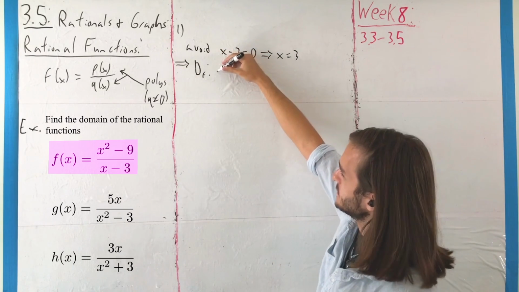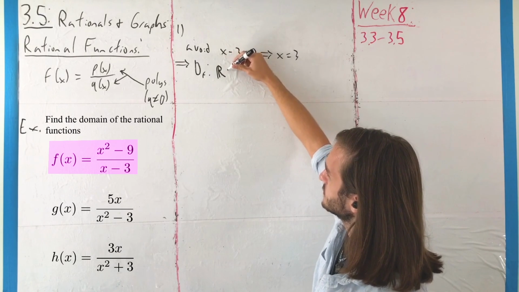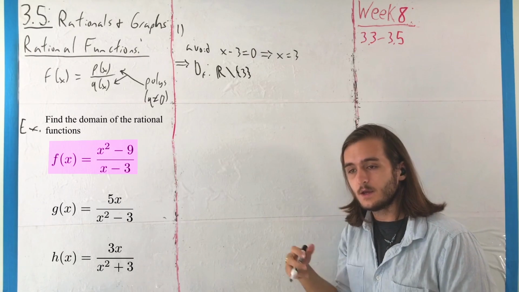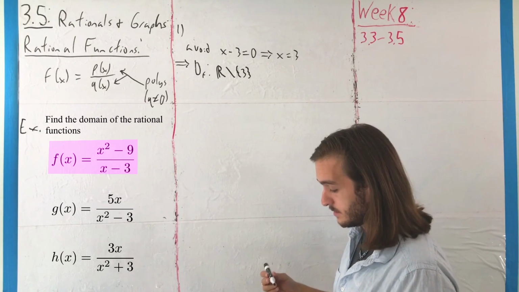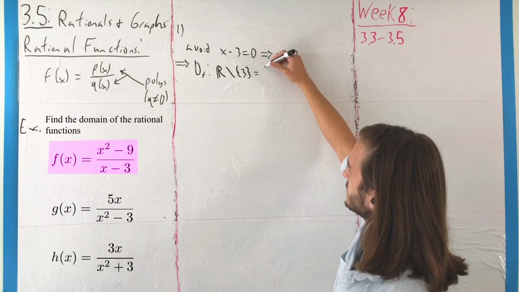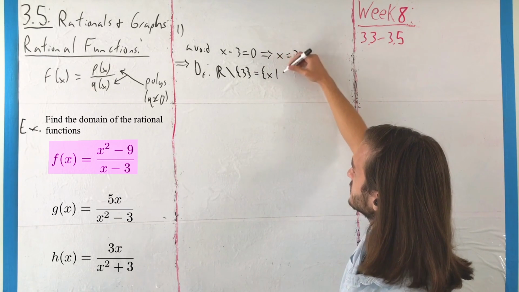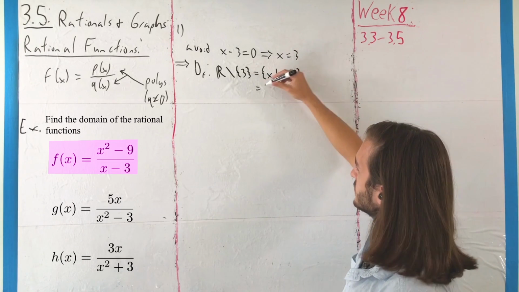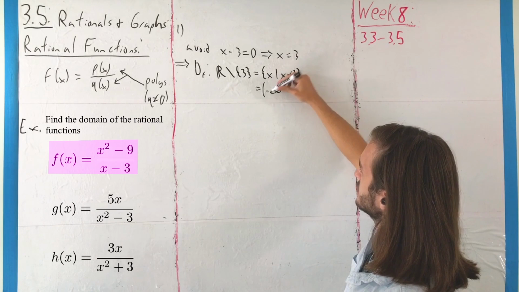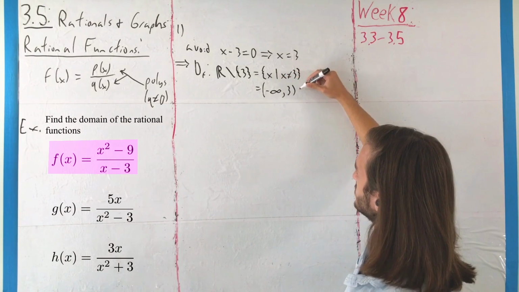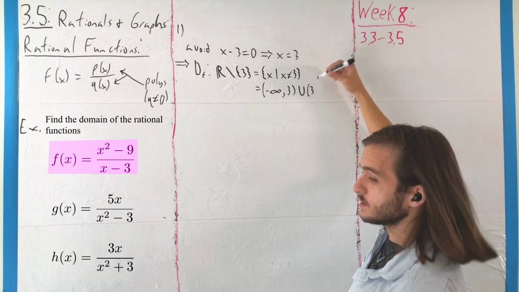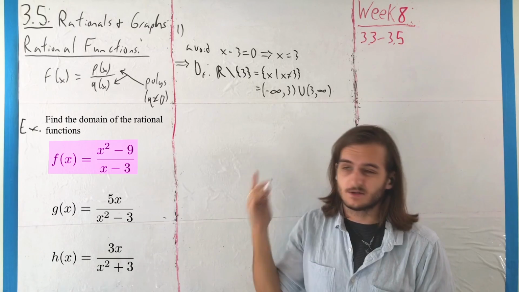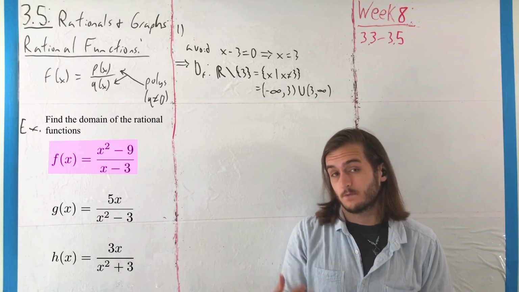We can write that either as the set of all real numbers without 3, because it is every real number other than 3, or if we want to in set builder notation, that's the set of all x's such that x isn't 3, or if we really want interval notation, the set from negative infinity to 3 without 3, along with, that is union, the set from 3 to infinity, still without 3. Again, these are just 3 separate ways we can say any real number except for 3.